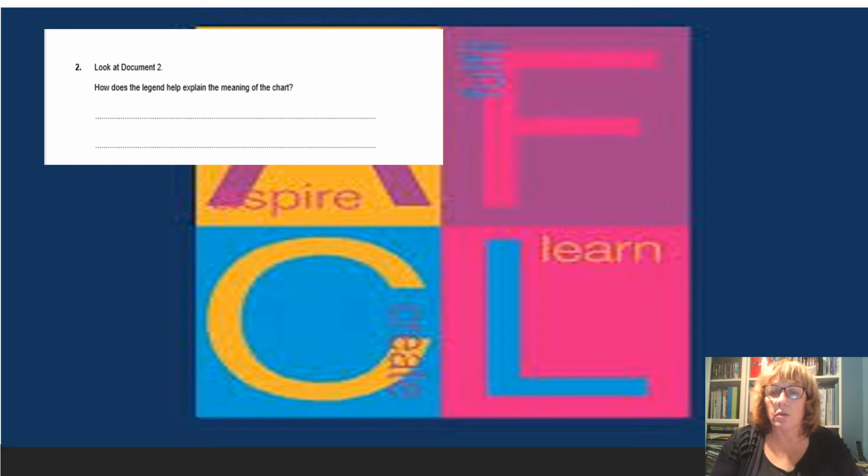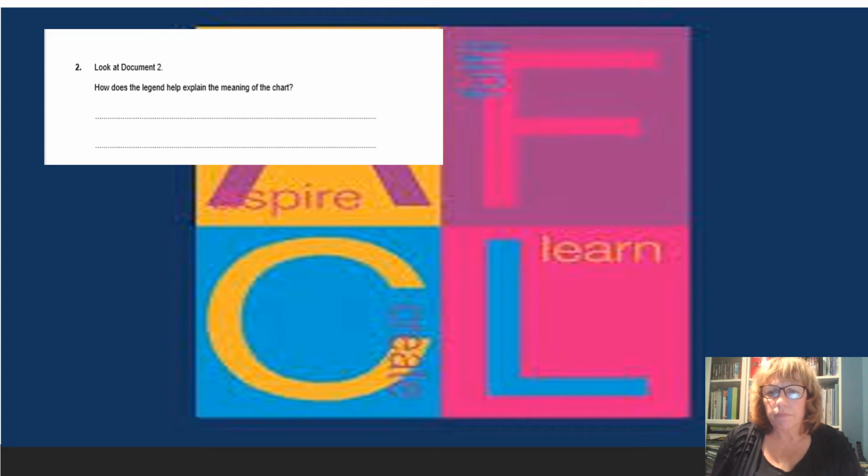So for question 2, we're reminded that we need to always, throughout the examination, be aware of which document we need to be looking at. And for question 2, we're looking at document 2. When I read the question, how does the legend help explain the meaning of the chart? I might be a little bit confused by that word legend, because if I don't know what legend means in terms of writing a chart or a chart outline, then I might be thinking about the meaning of traditional story.